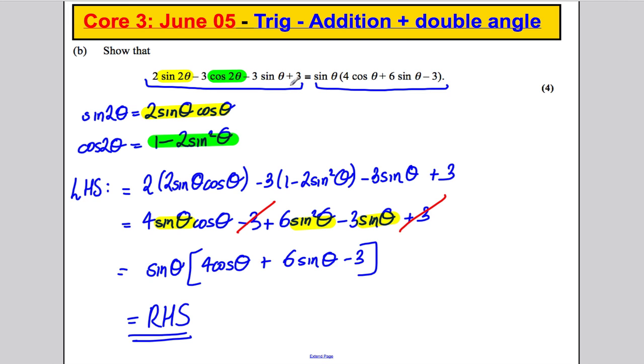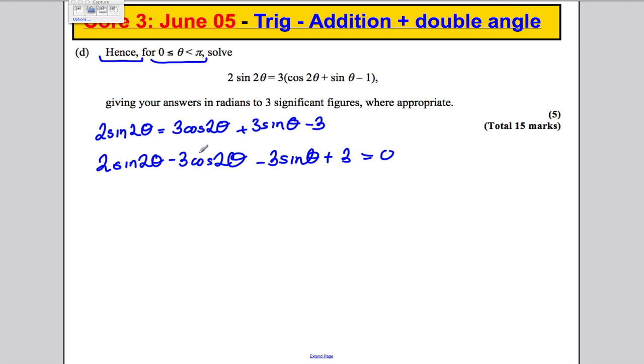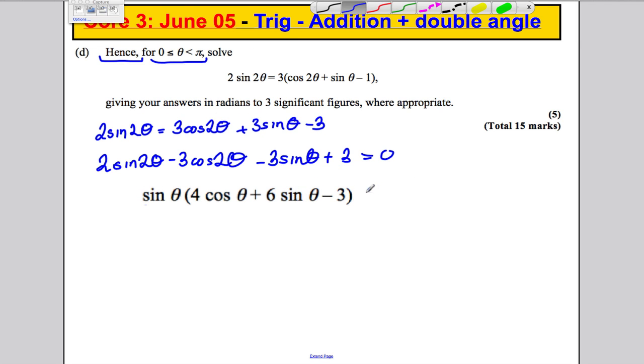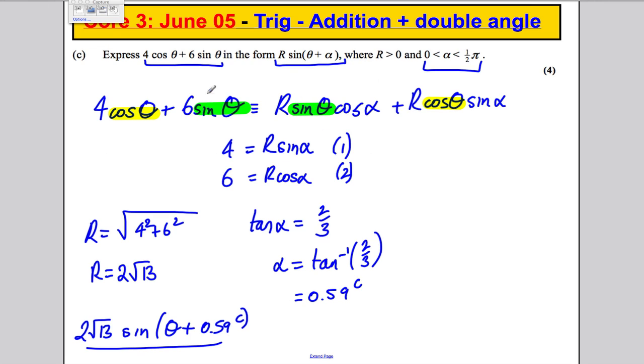So this is equivalent to solving this is equal to 0. So solving this equals 0 is equivalent to solving this is equal to 0 from our previous parts. So this, and also this is like solving sine theta. Now this, we have in part C worked out in our sine form, we worked out that was 2 root 13 sine theta plus 0.59.